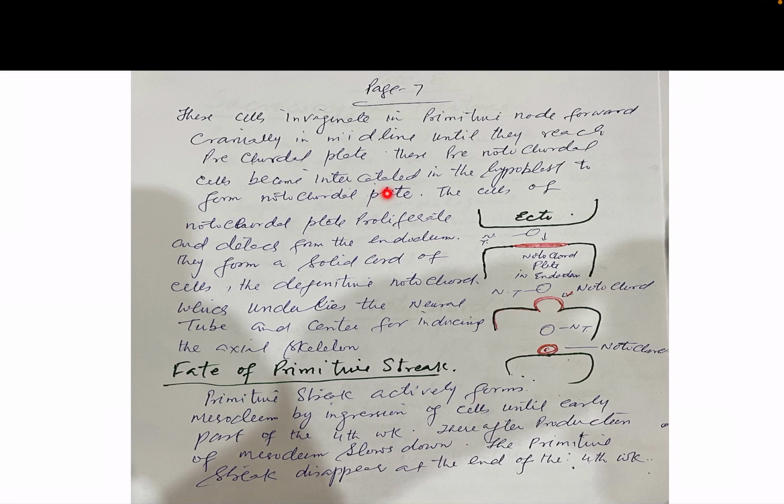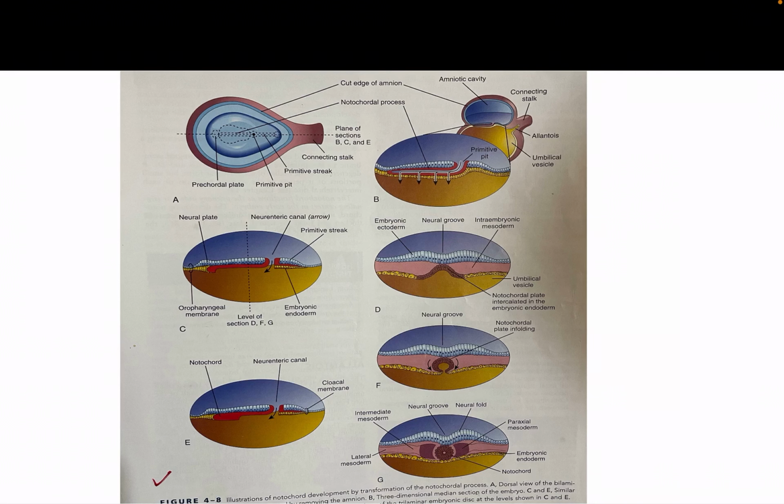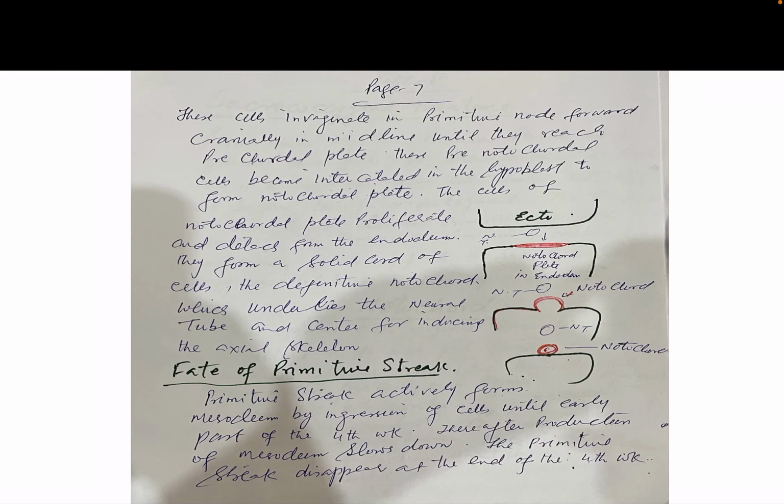These cells become intercalated in the hypoblast to form the notochordal plate. Cells of the notochordal plate proliferate and detach from the endoderm, and they form a solid cord of cells, the definitive notochord, which underlies the neural tube and is the center for inducing the axial skeleton.